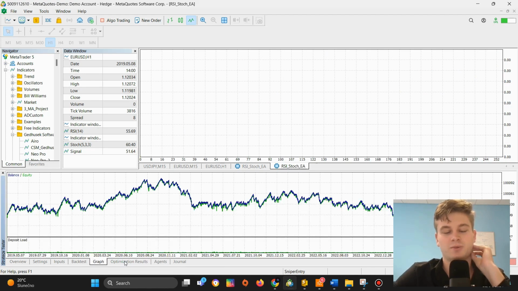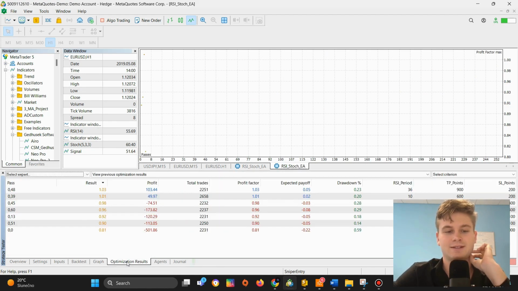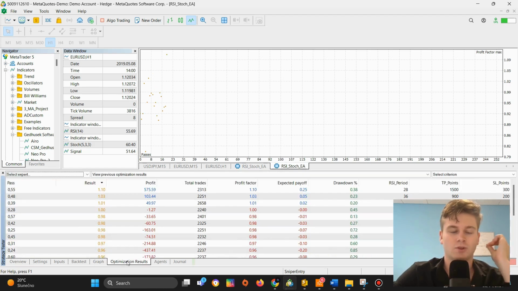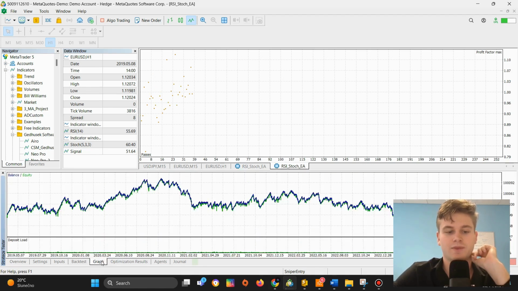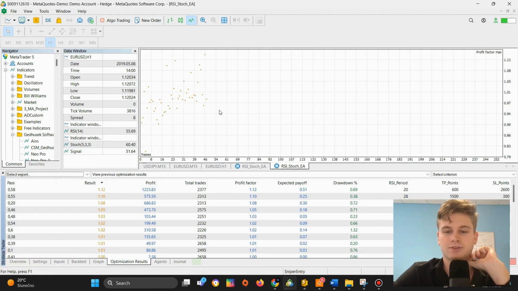Based on the optimization results that we obtained in the previous optimization, it seems promising, because the good thing is that it opens a huge number of positions, and that's always a good thing, because as you have more positions, you can rely more on the backtesting results.